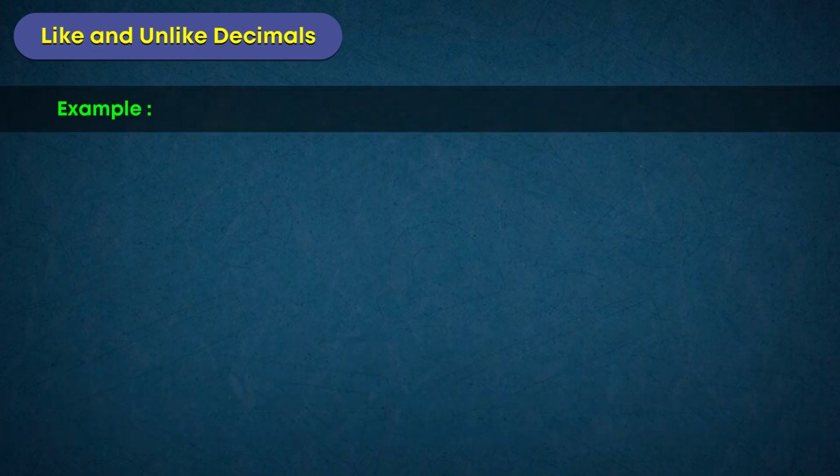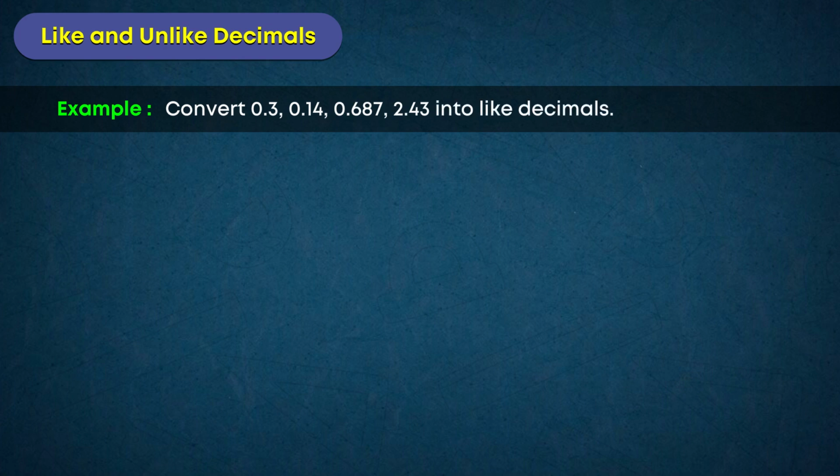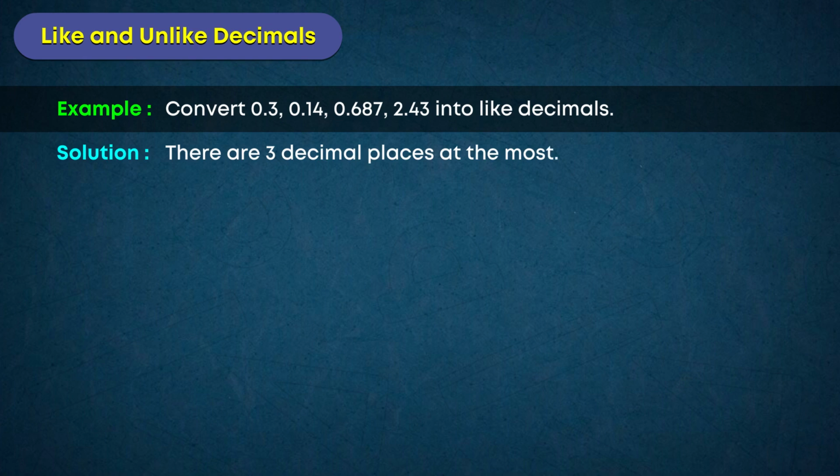Example: convert 0.3, 0.14, 0.687, 2.43 into like decimals. Solution: there are 3 decimal places at the most.